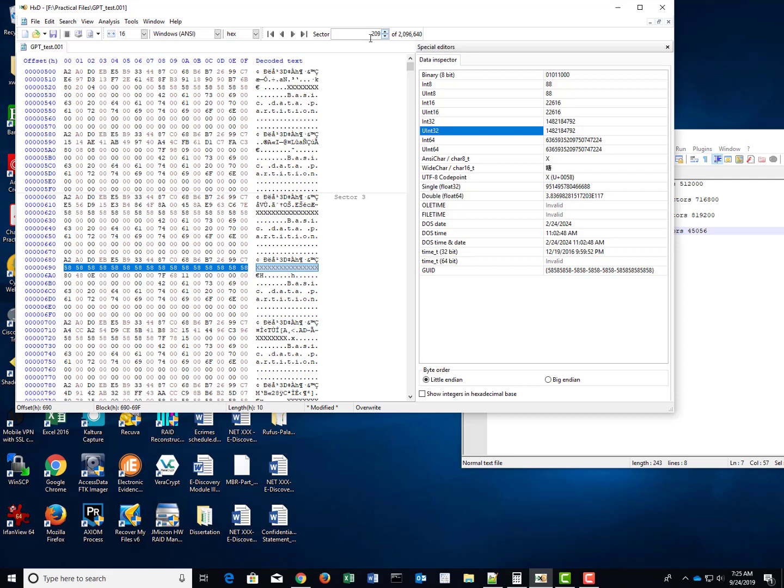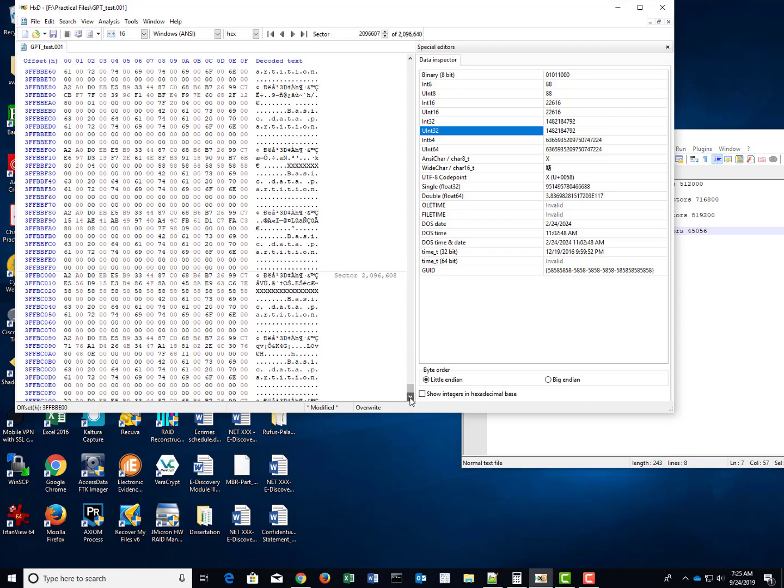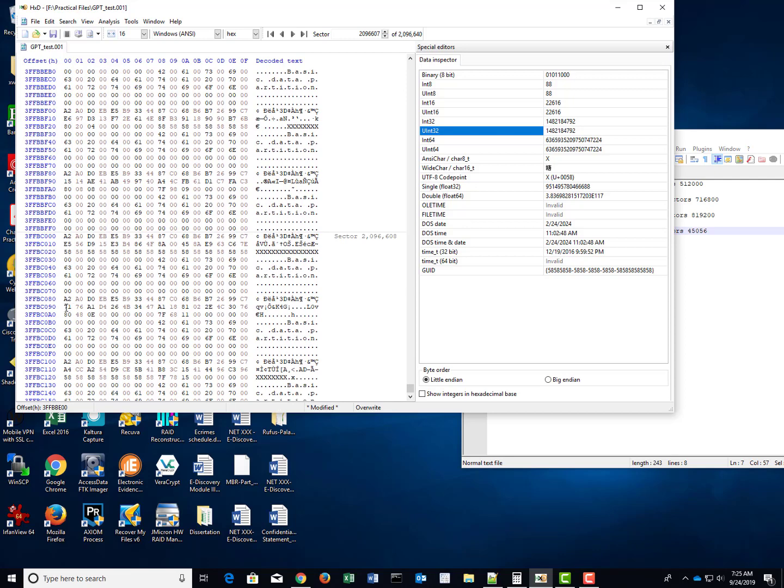So 2096607 will take me to the backup, 33 sectors from the total. You'll see here's my Microsoft Reserved. So the sixth partition, here's 1, 2, 3, 4, 5, 6, and there is a unique partition GUID, the serial number for it.